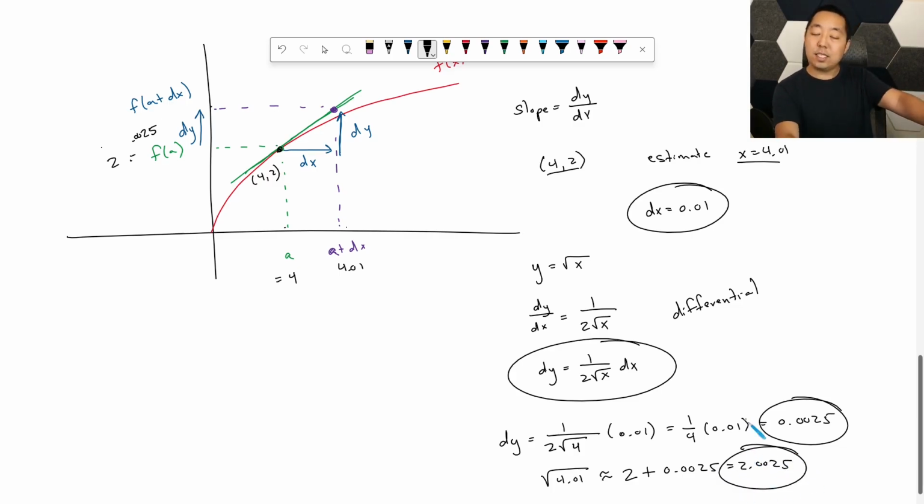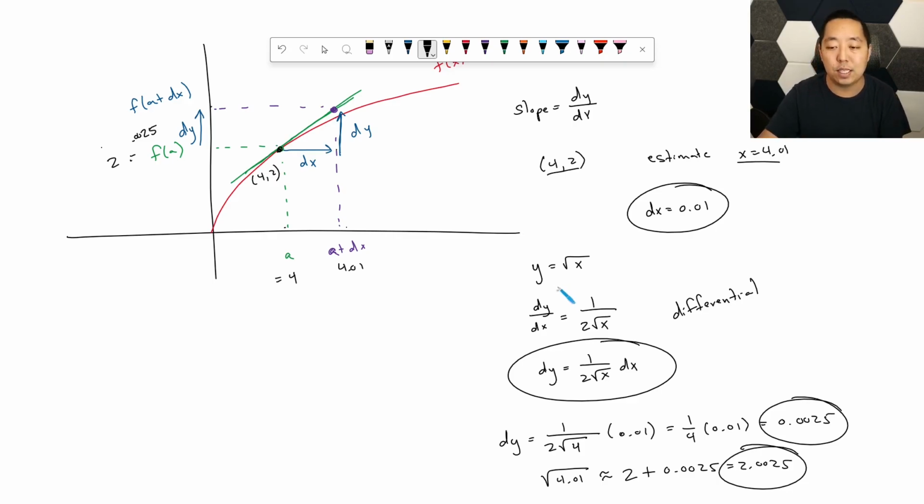Okay, so we get the same thing, but we're describing it differently because the dy is kind of like this spacing here. It's how much you're changing from that 2 value. The y was 2, and so the dy being 0.0025 means we go up 0.0025 to get to that point.